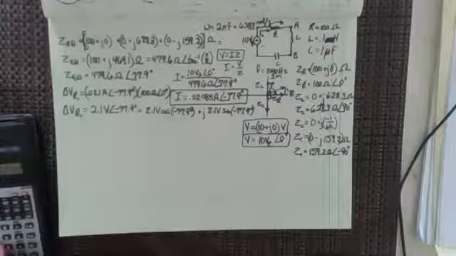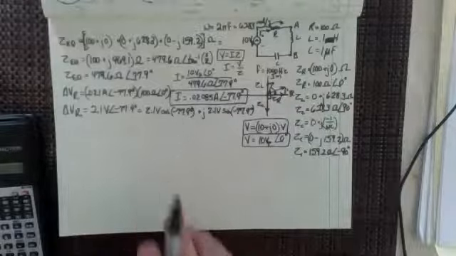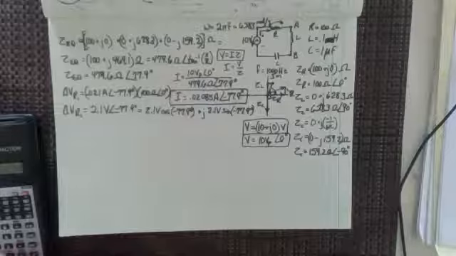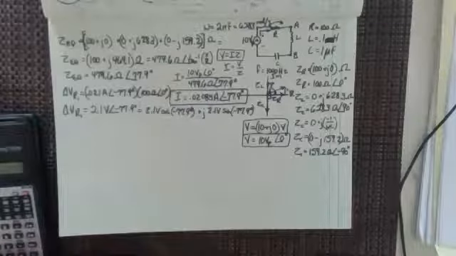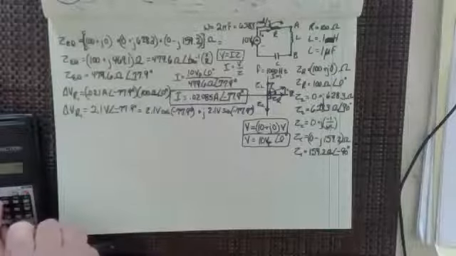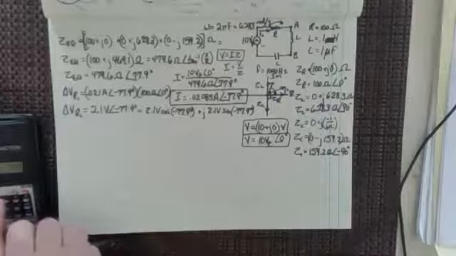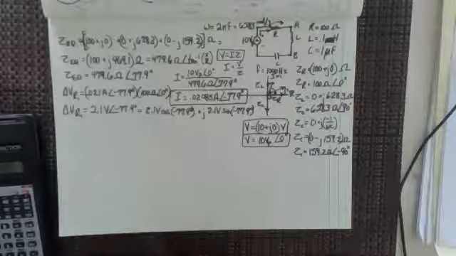So, we could assume the cosine of minus 77 is going to be positive, isn't it? So if I have the cosine of minus 77, that's going to give me 0.209.